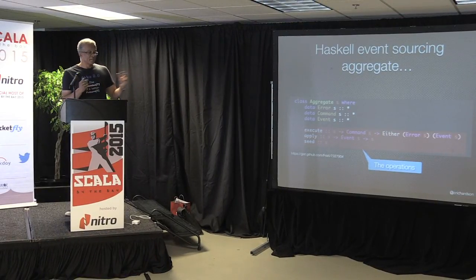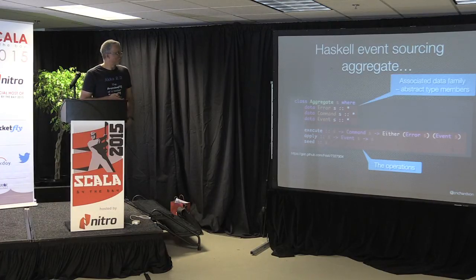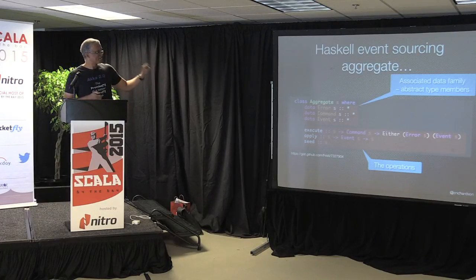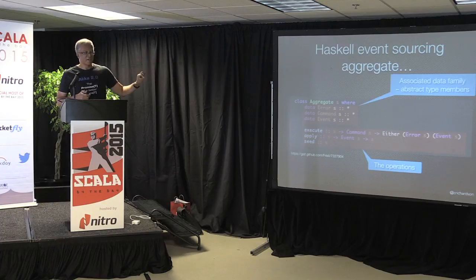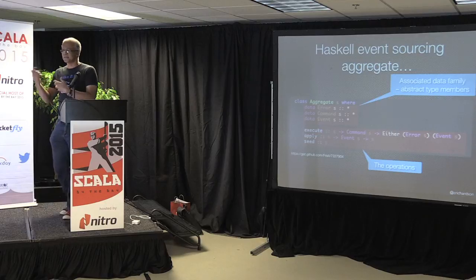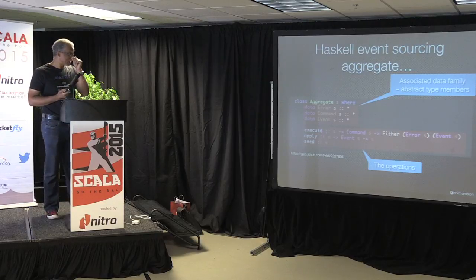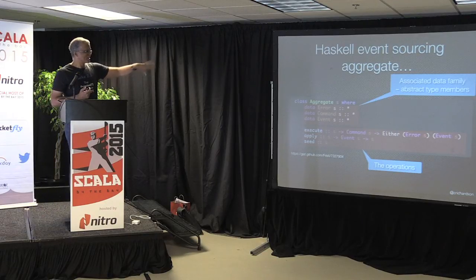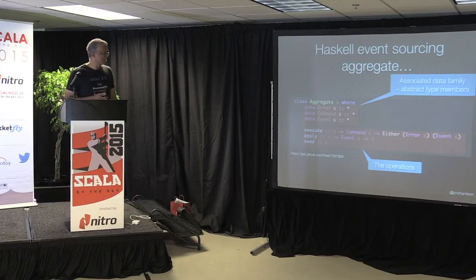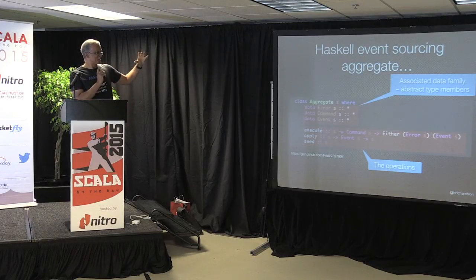And then there's seed that creates a blank one. But where it gets also super interesting is that the types of the errors, the commands, and the events are actually defined abstractly at this level. These are kind of analogous to abstract type members in a trait. And this is part of a Haskell extension known as type families. And I just thought that was nice, right?